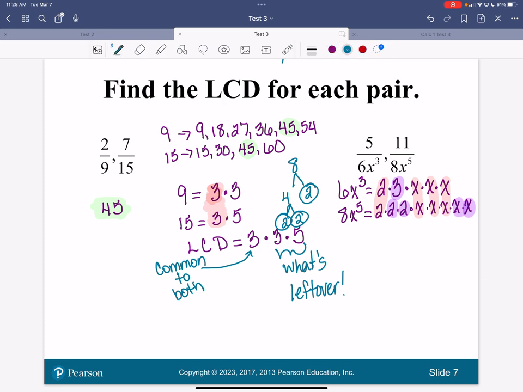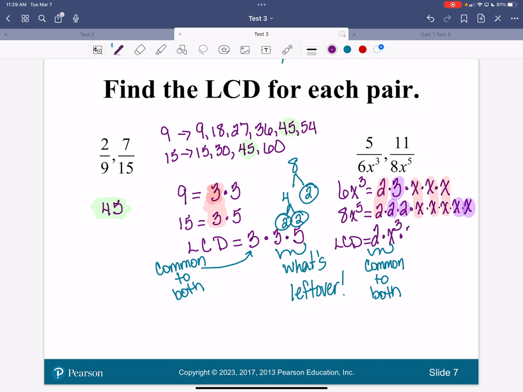Okay. So we're going to start right here. My LCD right here. Do you see how this 2 right here is common to both? I only write that down once because it's common to both. So I'm going to write the 2 down because it's common to both. And then I have x to the 3rd that's common to both. Now, the purple is what I write down next.